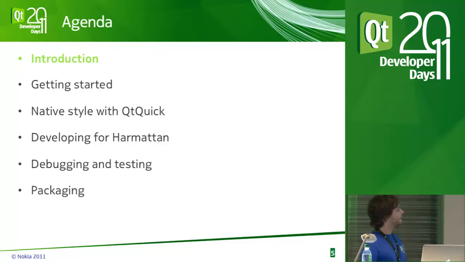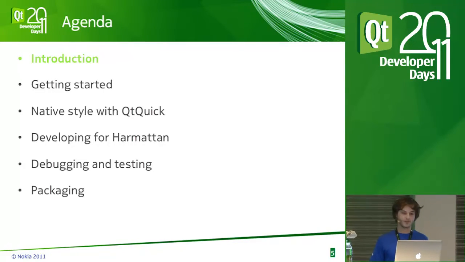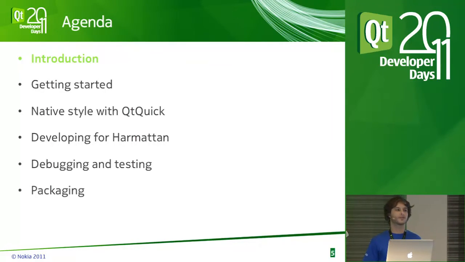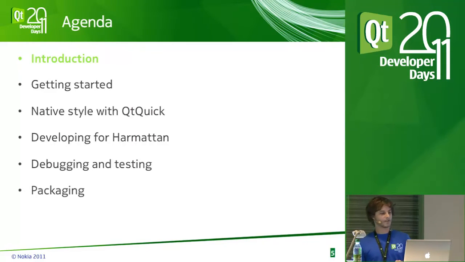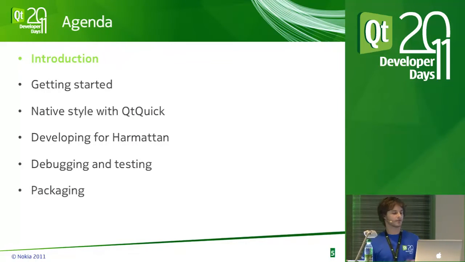Let's have a look at the agenda of this presentation. First, we'll look at how to get started with the SDK. It's very easy. Then we'll have a look at a few tips and tricks on how to make your app look native for MeeGo.